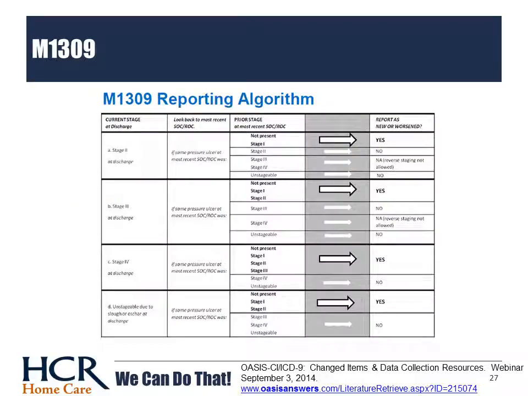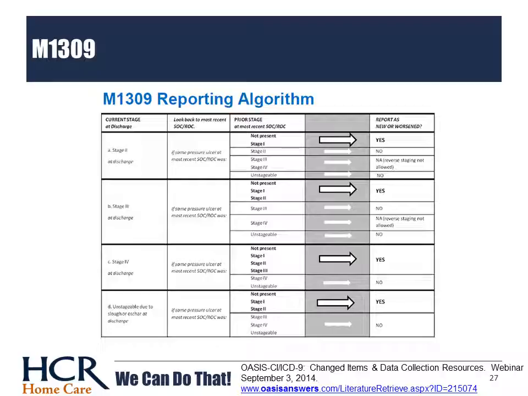This is an algorithm for 1309 to help assist you in making a determination of whether your pressure ulcer has worsened or not. And this is information that's going to be included in the OASIS guidance. So just to help you understand how this chart makes sense, on the left-hand side, the first column is the current stage of the pressure ulcer at discharge.